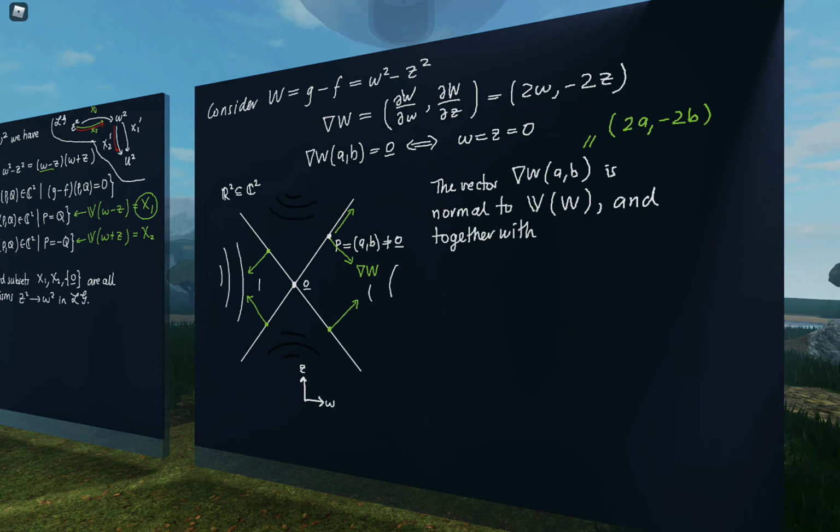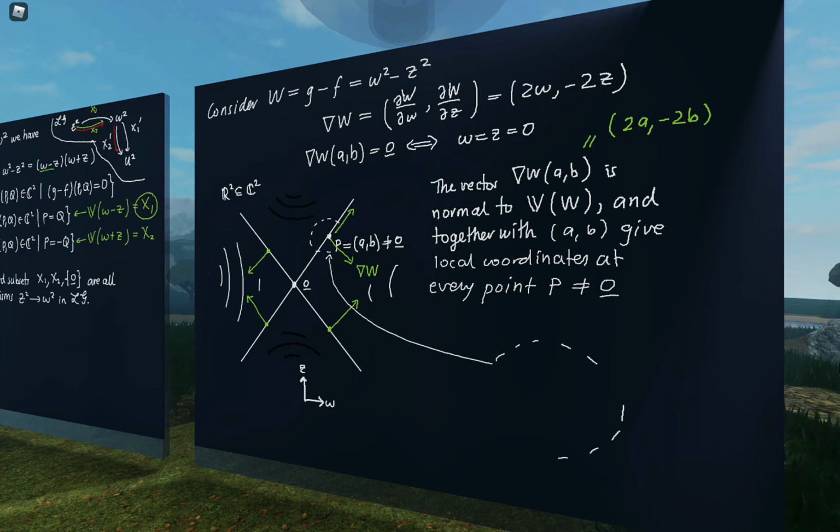Okay, so those green vectors that I've drawn, together with the vector that just goes along the lines, which is (w, z), or (a, b), I guess, that pair give local coordinates at every point P, which is not 0. So for example, at this point, if I zoom in on this point, what I'm looking at is just a line sitting in C^2.